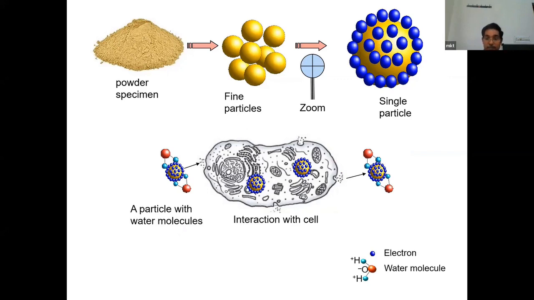It should be inactive and should not chemically react with the body. It should cure the body physically. These particles interact in the cell by electron transfer. This is the concept we have.